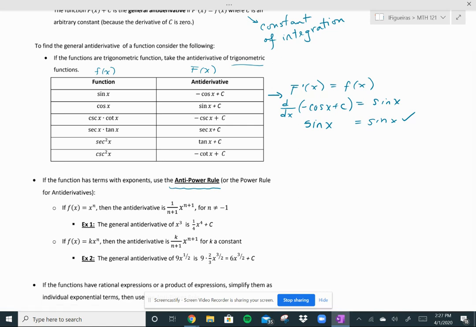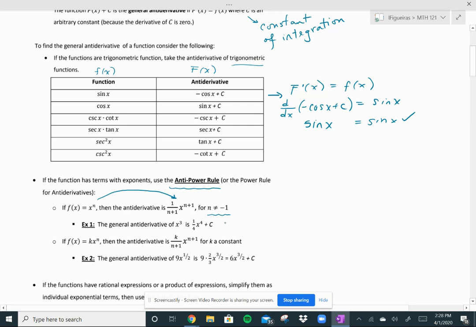If your function little f of x is equal to x to the n, and keep in mind, n could be any real number except negative 1, then the antiderivative is 1 over n plus 1 times x to the n plus 1. So what happens from the original function to its antiderivative is that you add 1 to the exponent, and then you multiply by the reciprocal of that exponent.